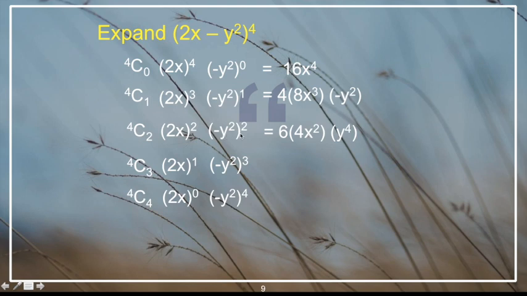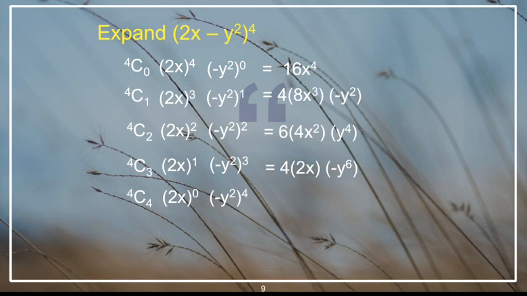The (−y²)²: assuming that there is a negative 1 there, (−1)² is negative 1 times negative 1, which gives positive 1, and (y²)² is y⁴. So please do not be confused with this. There are so many algebraic skills involved in here.